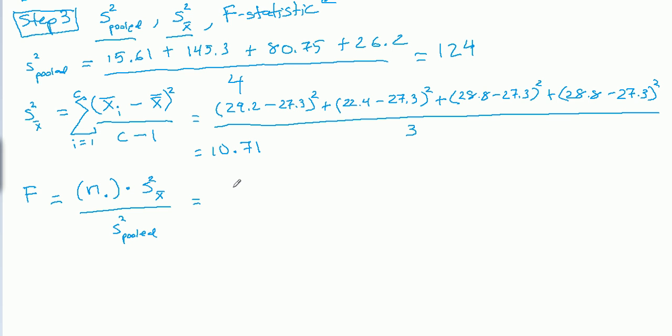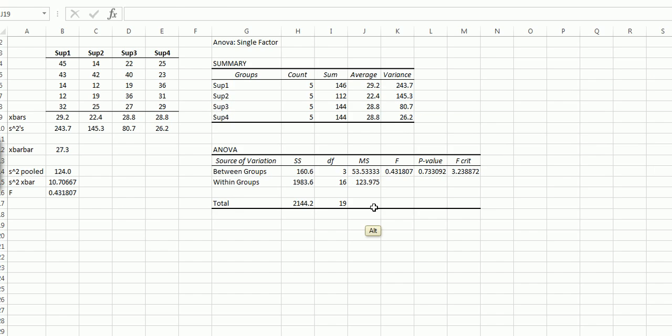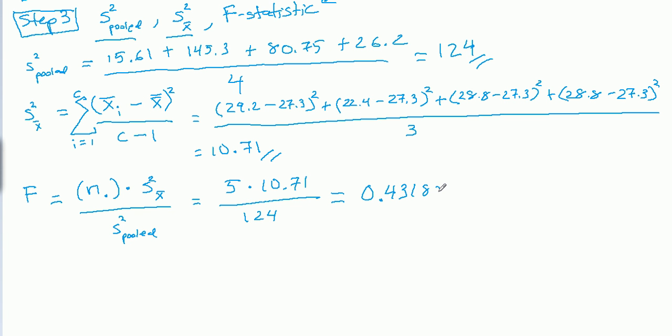We have all these values. n dot was 5, s squared x bar 10.71, s squared pooled 124. These came from right here and right here. If you calculate this, I got something in the neighborhood of 0.431807. I don't care if you're not getting this precision. Let me just round it to 2 decimal places to eliminate any extra confusion. So 0.43. That is step 3.